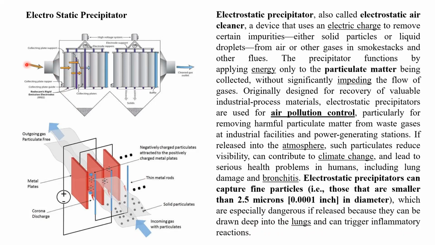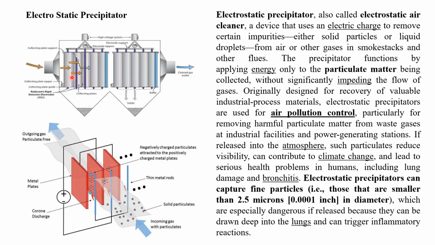These hot flue gases coming from the furnace are going through this electrostatic precipitator. Once again, in brief, I will explain. So this ESP consists of collectors. You are seeing collector plates and electrodes, you can say emitters.